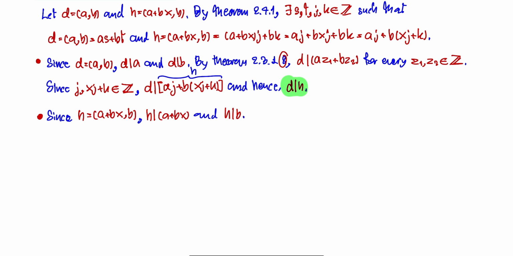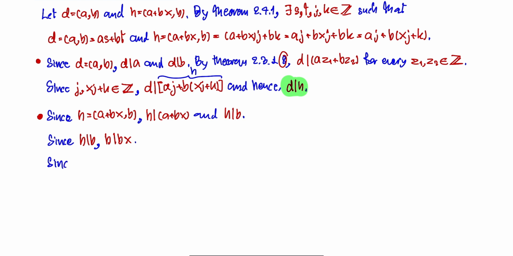Okay, what can we do next? Since I want to have H divides BX, fortunately we have H divides B. So it's obvious that once we have H divides B, we will have H divides BX.